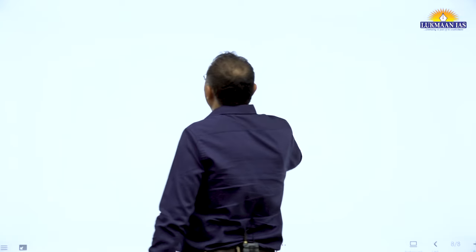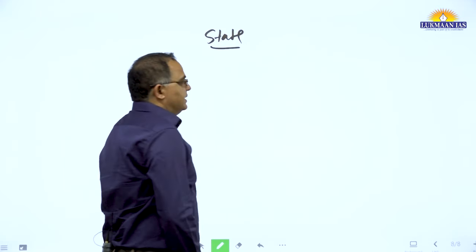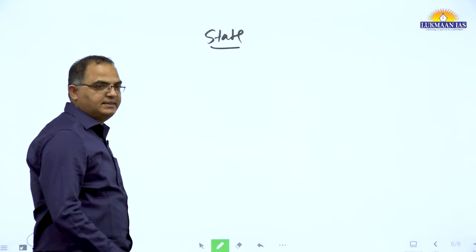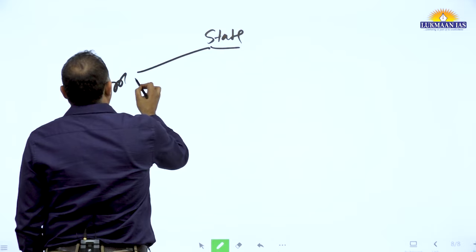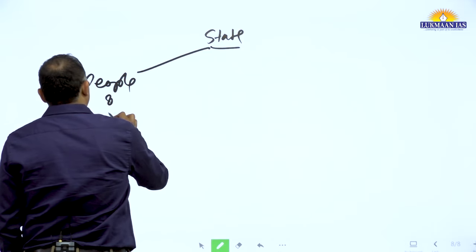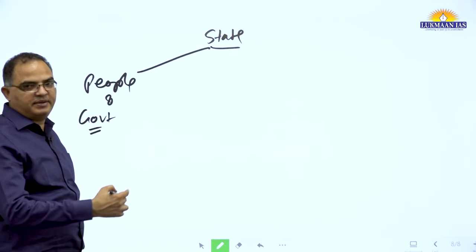Alternatively, let's see, when we have a state, any state has people and government. And this state is an independent state.